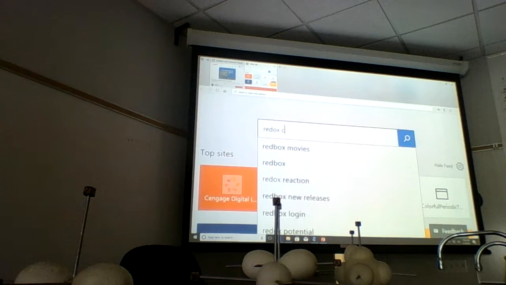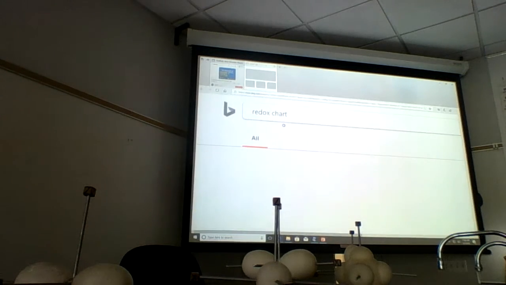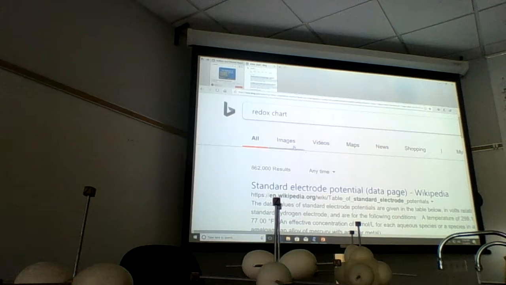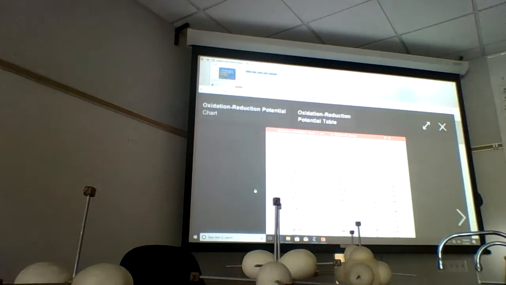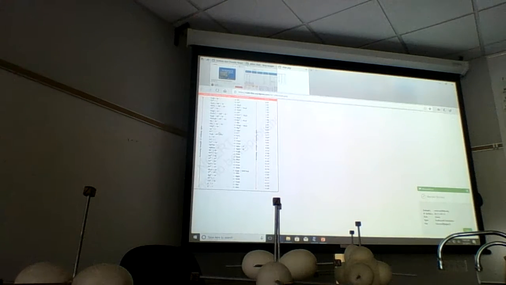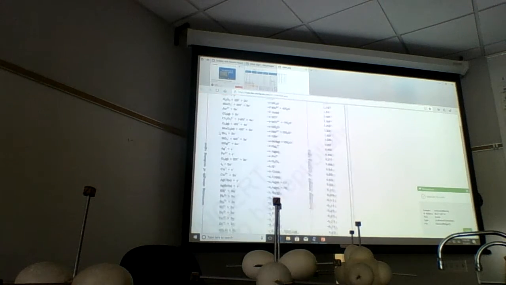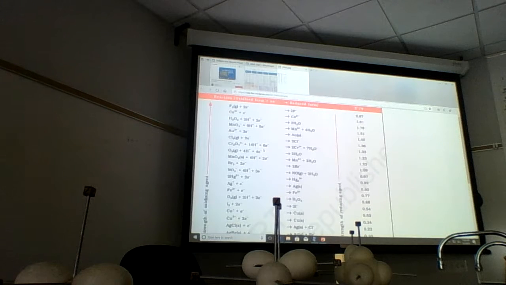Redox chart, it's helpful to look at it once in a while. Most people don't. And so you'd have a tremendous advantage if you're one of the few that do. But there's lots of different redox charts. Like this one here. This is just one I randomly grabbed off the internet.